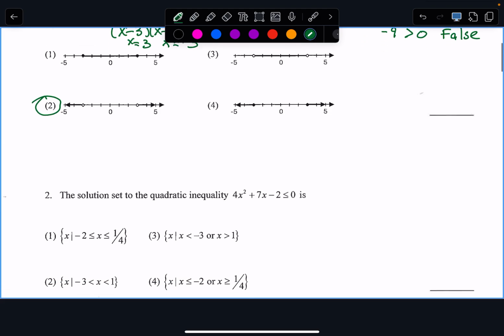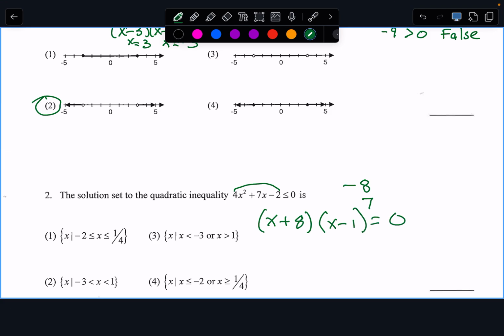All right, this one now you have to find them. You just can't plug in. Right, so we're going to do the rainbow here. This is multiply to be negative 8 and add up to be 7. So this is x plus 8, and this is x minus 1. Right, we're going to make it equal to 0.